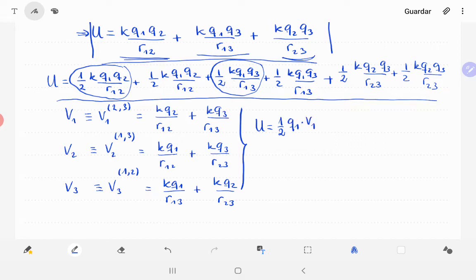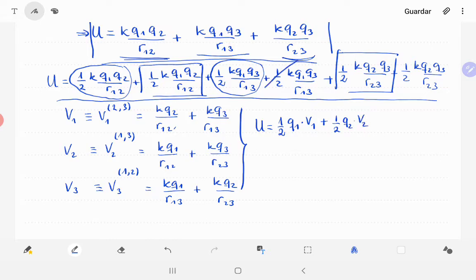If you see, this is K Q2 over R12, which is here, and K Q3 over R13, which is here. So this is that, plus this that I squared here, plus this that I squared here. I can take, this is 1/2 of Q2 times V2.